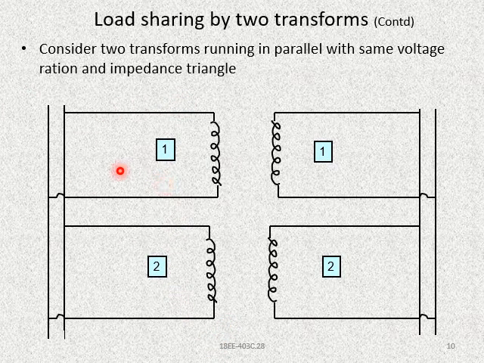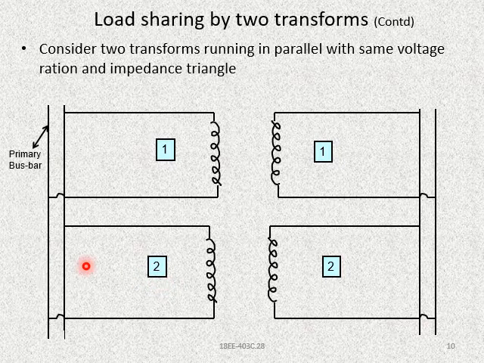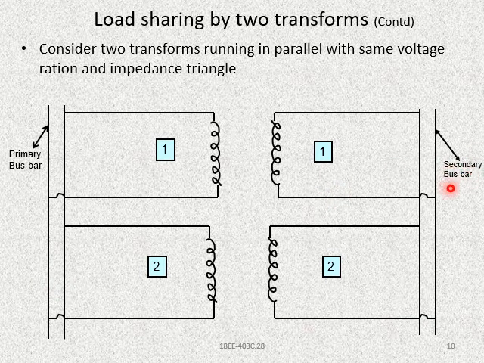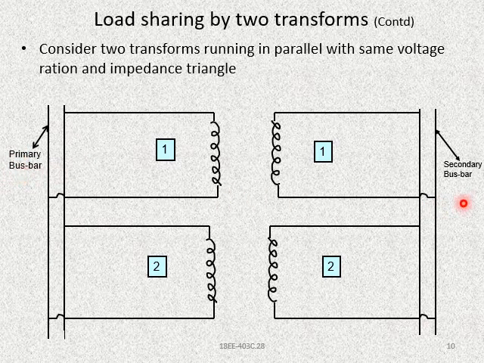You can see this is transformer 1, this is transformer 2. And these are the primary bus bar for positive to positive and negative to negative, and this is the secondary bus bar. Since it is connected to the primary, it is called primary bus bar, and it is connected to the secondary, so it is called secondary bus bar.